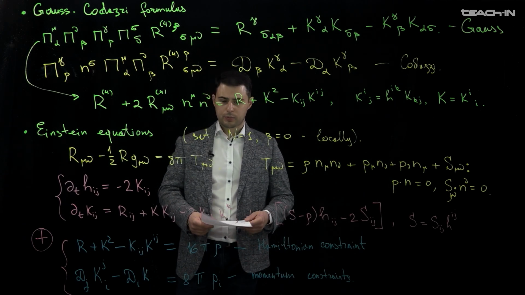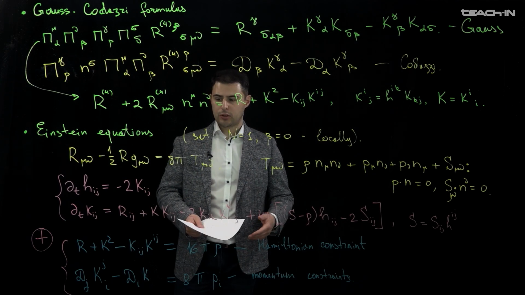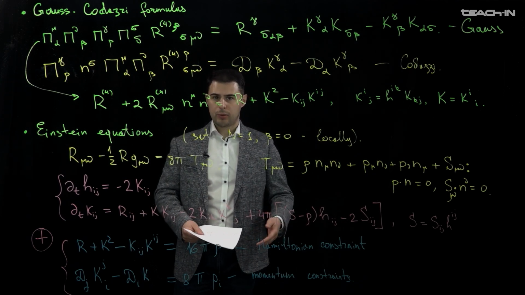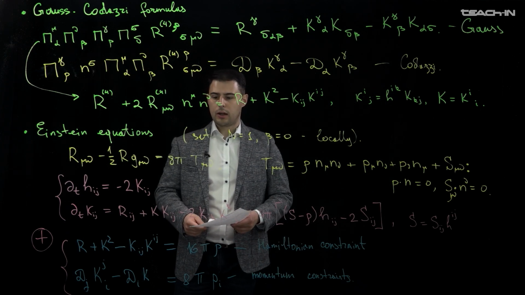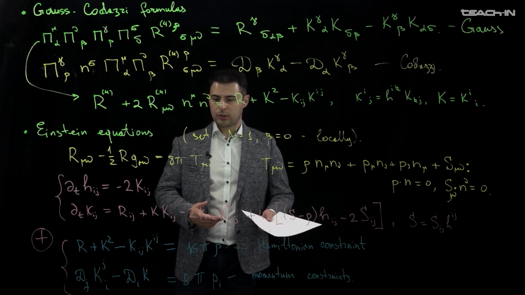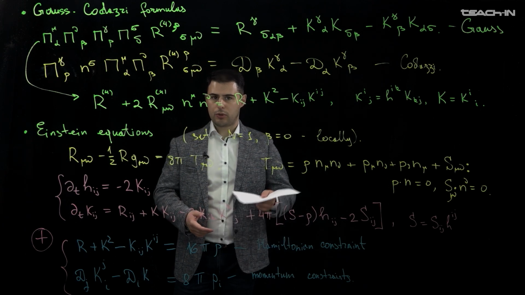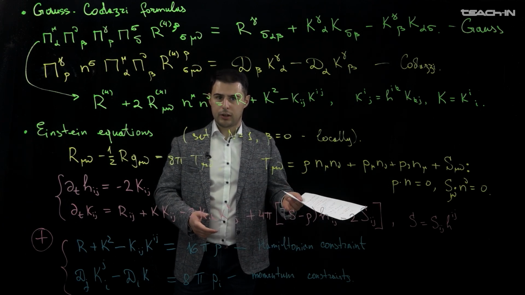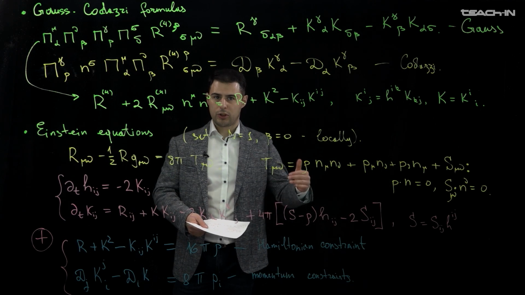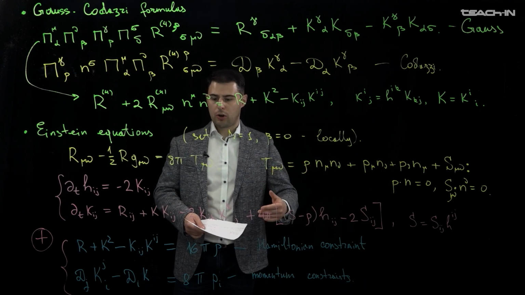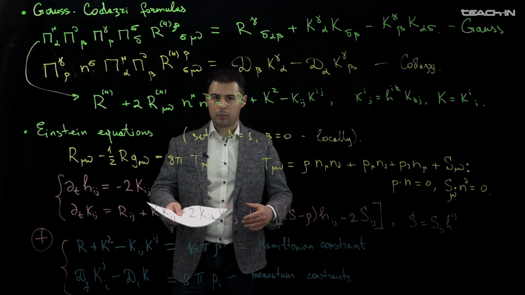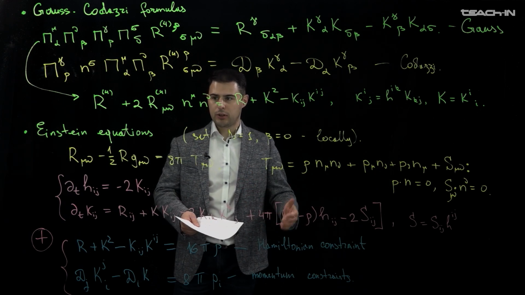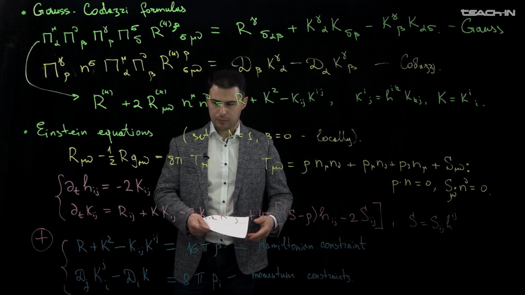Now, these constraints can be interpreted in two ways. First of all, these constraints can be linked, as I said, to the Bianchi identities for the four-dimensional Ricci tensor, which were decomposed into the 3+1 split through the orthogonal projection.